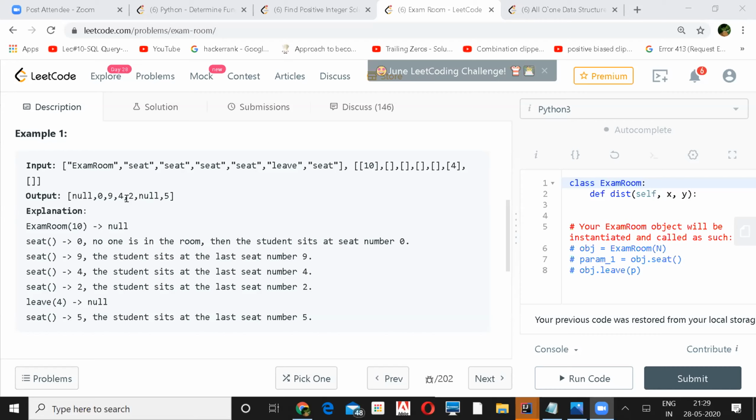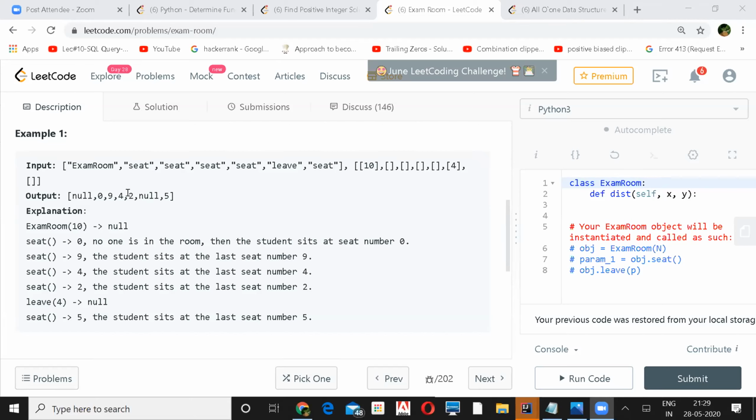Actually, the second array in the input is the parameters which you are passing. So we don't have to do anything there. This is just a representation for our understanding. So when you have a leave, you will always have someone sitting there, then only you can leave.